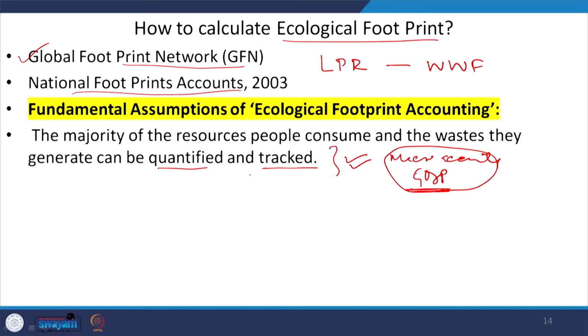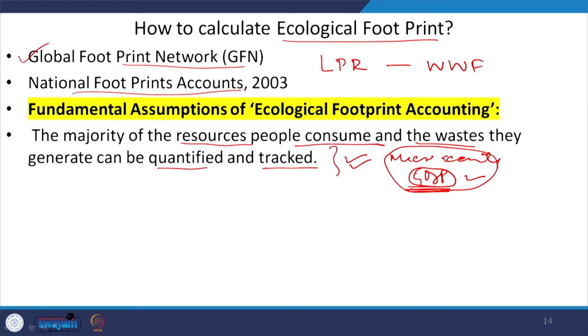So, in that way ecological footprint accounting can be helpful in strengthening the way we are preparing the GDP even. The assumption here is that in GDP we are not taking into account the natural resources that people are consuming, as well as the externalities or waste they are generating.